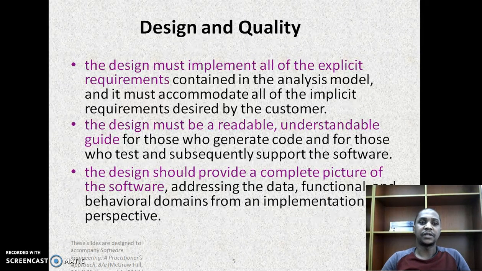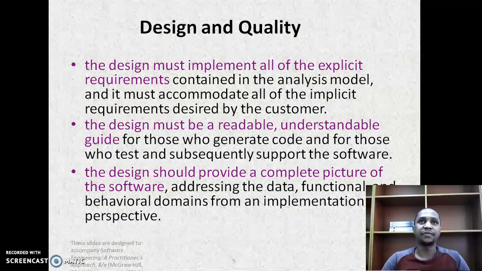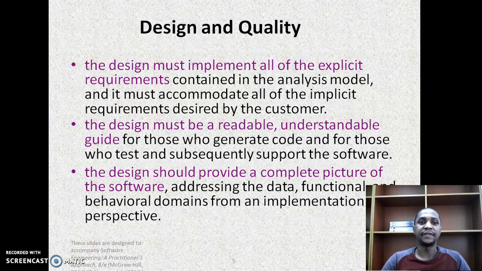So, design and quality. The design of software must implement all the explicit requirements contained in the analysis model, because in the analysis model, after the requirements have undergone different stages of processes, we have the explicit requirements, which are believed to be complete requirements.